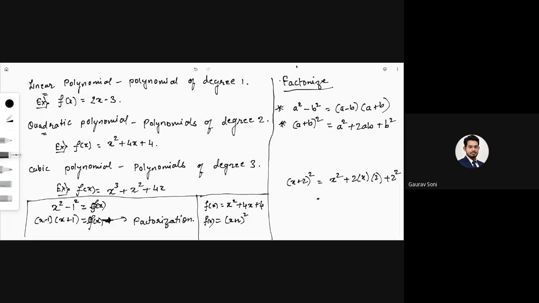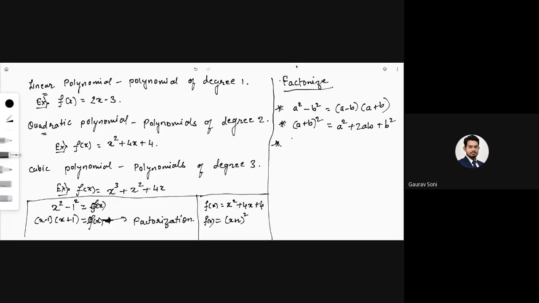So what is it? X square plus 4x plus 4. So we wrote this x square plus 4x plus 4 as x plus 2 square. These properties that I'm writing will be of great help when you are factorizing some of the polynomials.